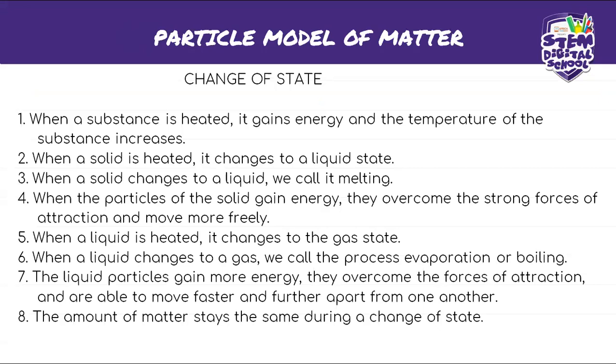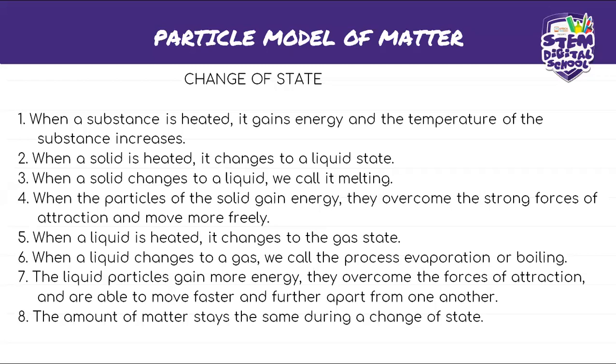Let's get moving. When a substance is heated, it gains energy, and the temperature of the substance increases. When a solid is heated, it changes to a liquid state. When a solid changes to a liquid, we call it melting. When the particles of the solid gain energy, they overcome the strong forces of attraction between them and then move more freely.